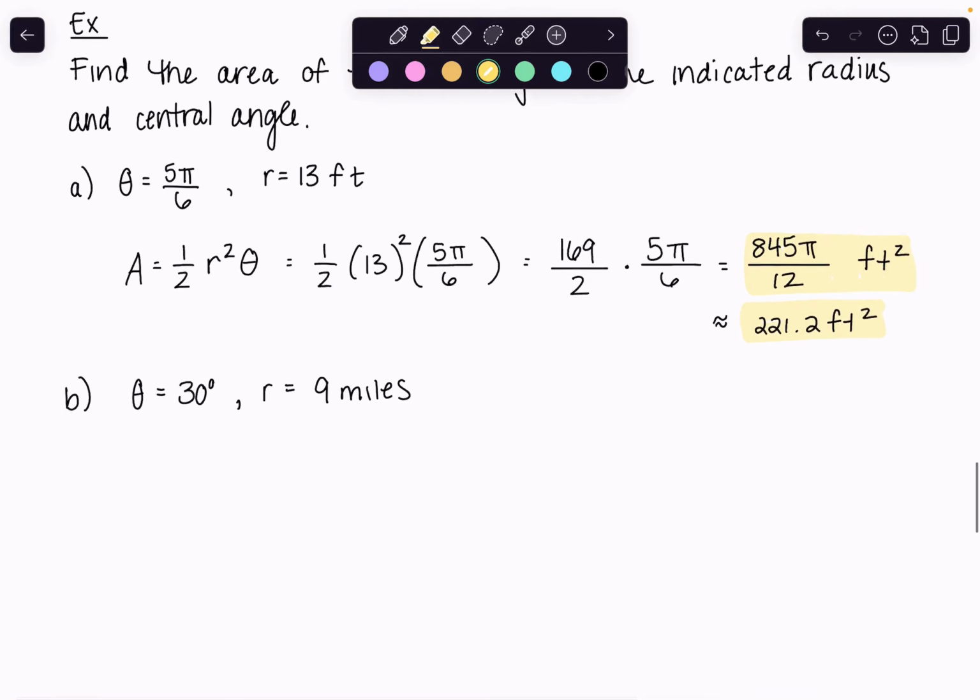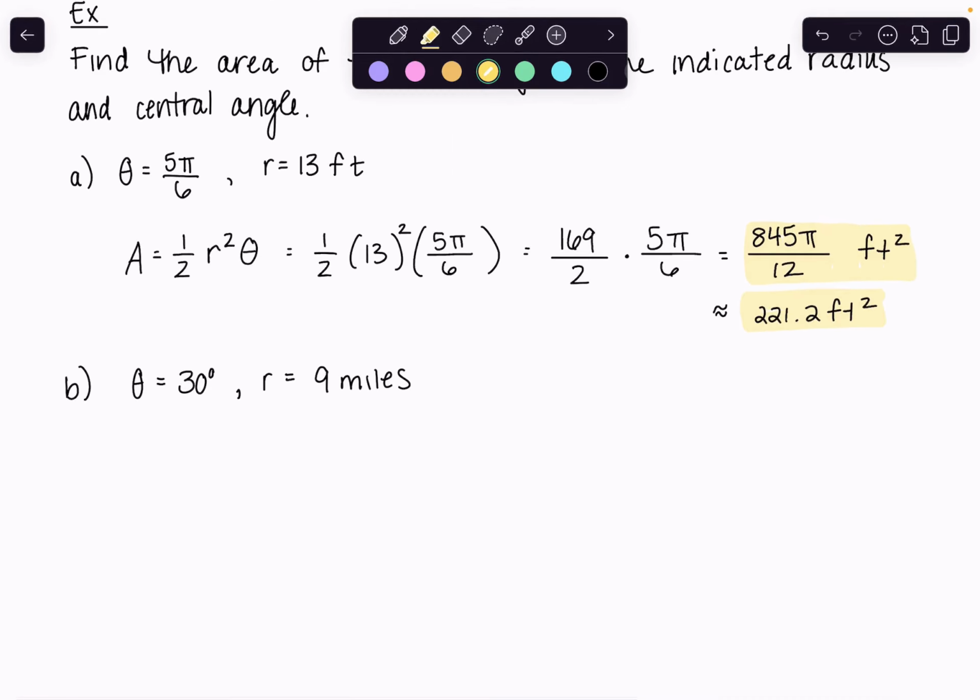For this next one, the angle is in degrees and our radius is 9 miles. So the very first thing I need to do is convert this to radians. 30 degrees is one of our special angles, but while we're getting used to it, we just multiply by pi over 180. Then 180 divided by 30 leaves me with 6 in the bottom.